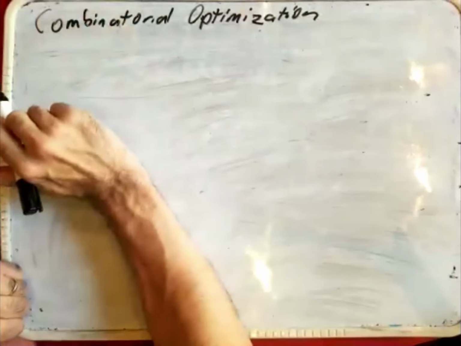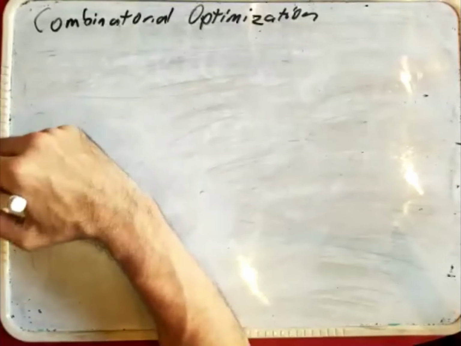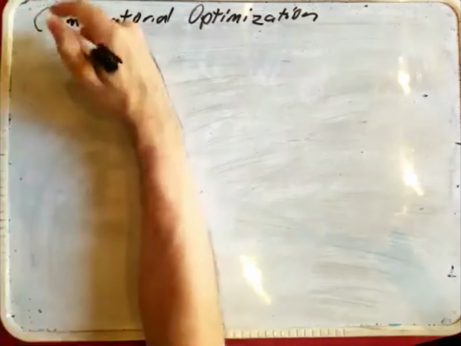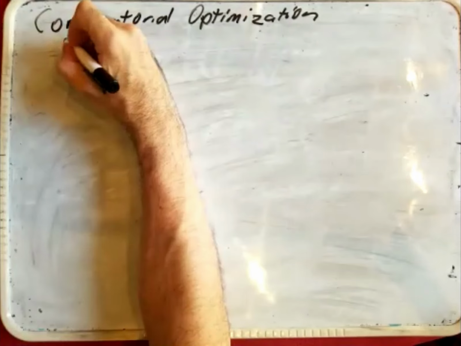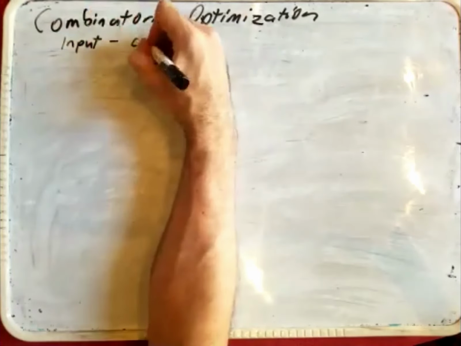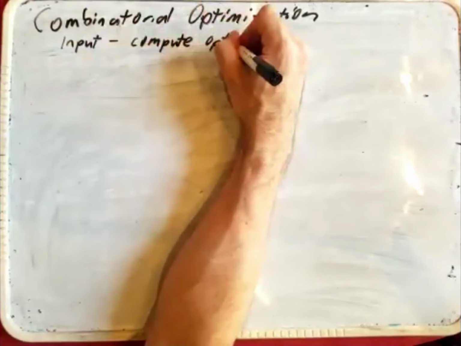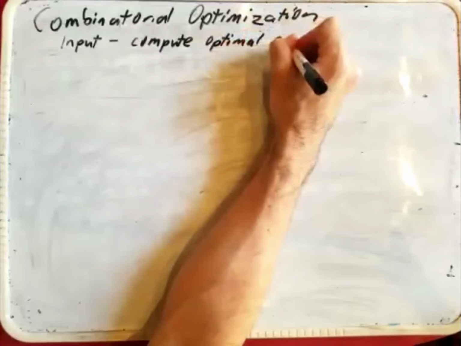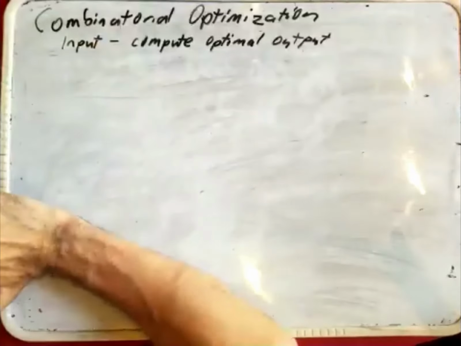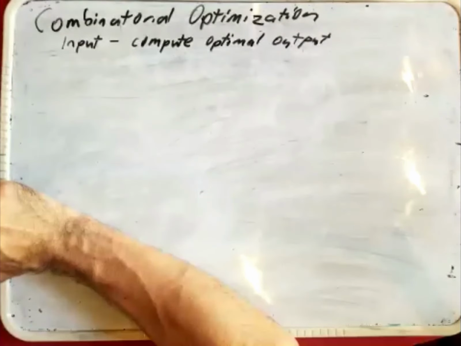Okay, so combinatorial optimization. Until now, we've been doing data structures where you store information and look things up. Now we're really going to be thinking about having an input and wanting to compute an optimal output for it. And so now we're not going to be talking anymore about runtime per operation. We're just going to be talking about the runtime of an algorithm.